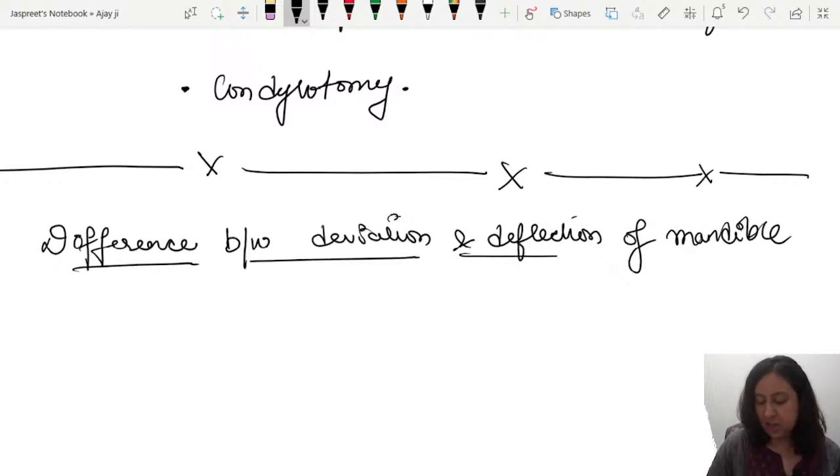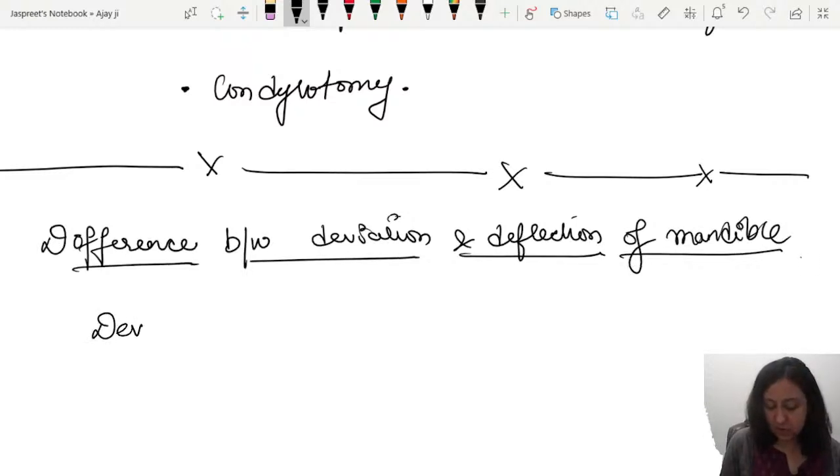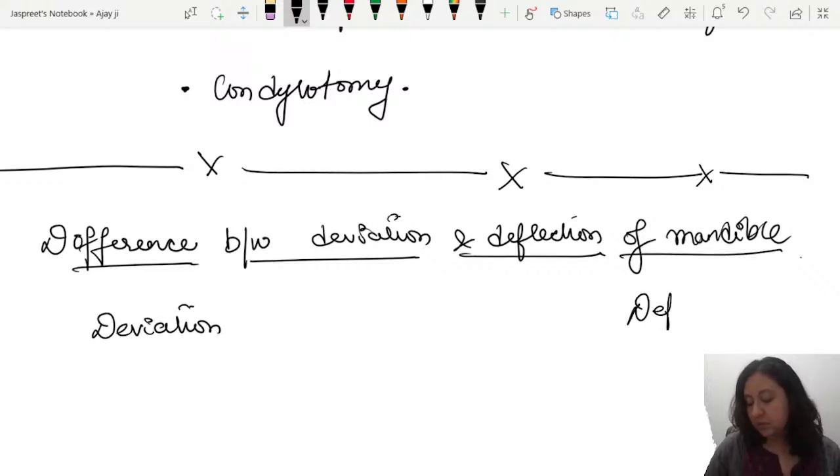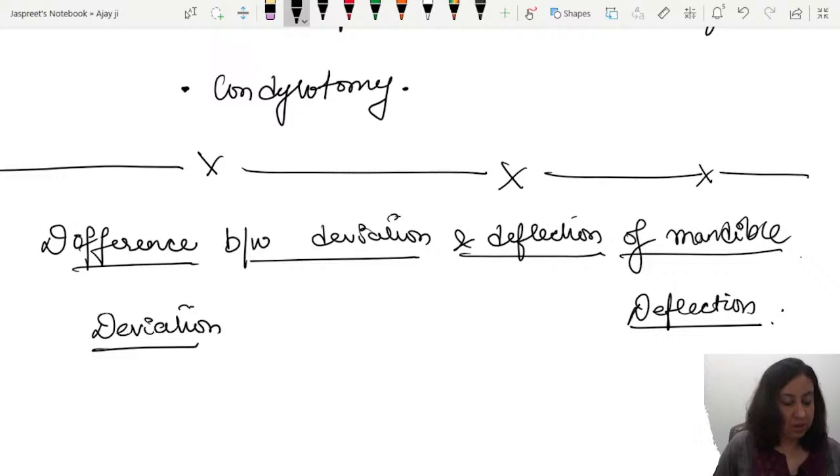Difference between deviation and deflection of mandible. Now just write down, I will explain quickly. If there are any doubts, you can ask me in the comments below. Okay, deviation and deflection.